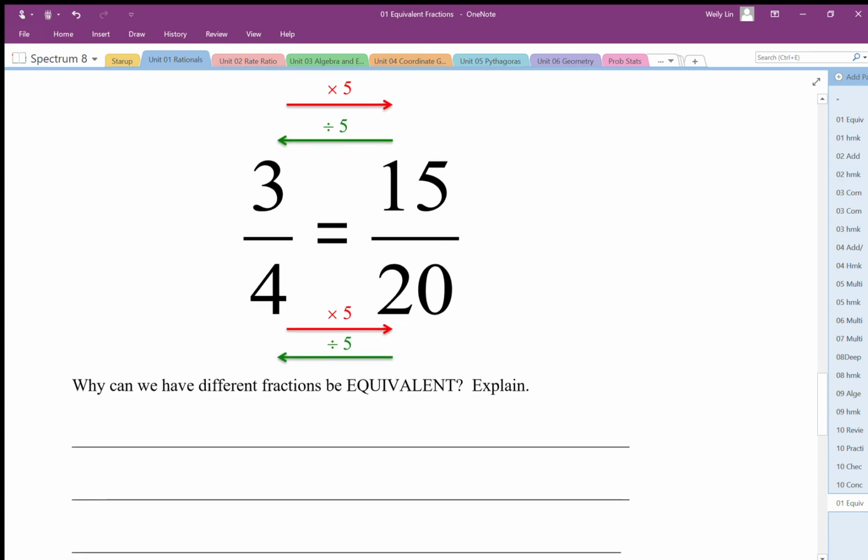Okay, so why can we have different fractions, or fractions in different terms, be equivalent? Why? It's really important to be able to articulate this. So it's important to understand that the proportions are always going to be the same. So if these are proportionally, this is important, proportionally the same.